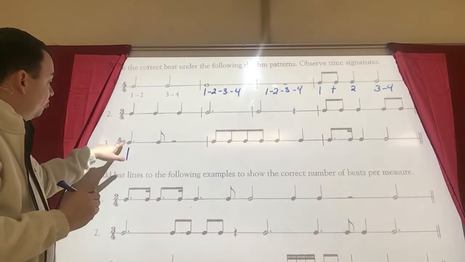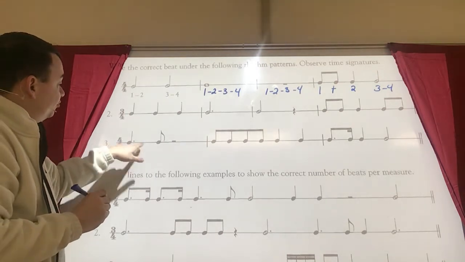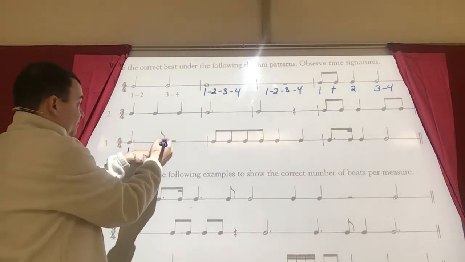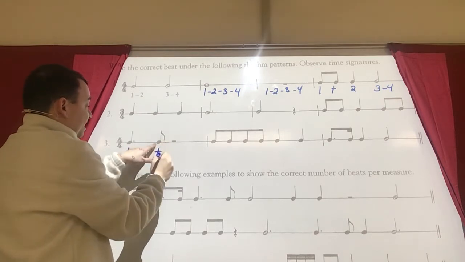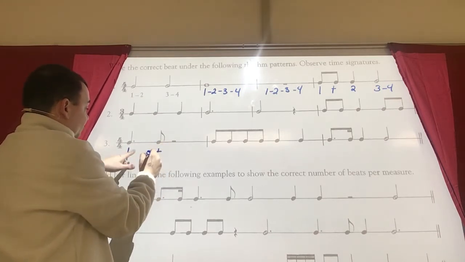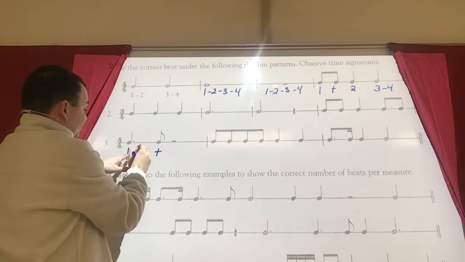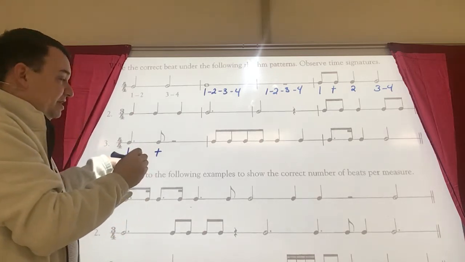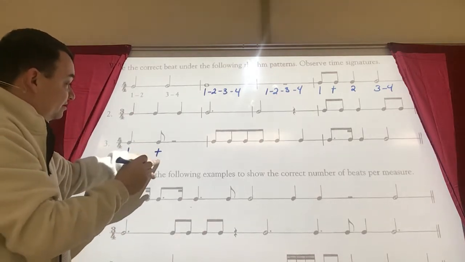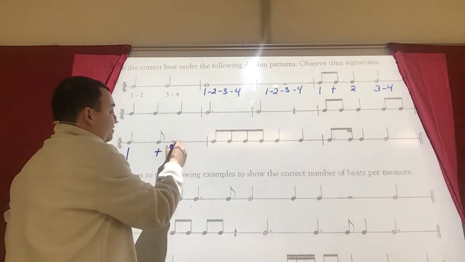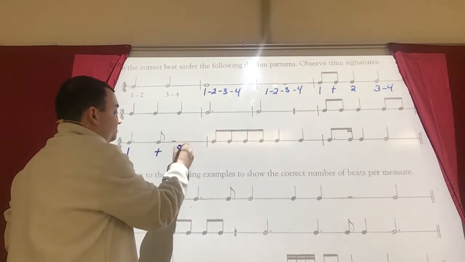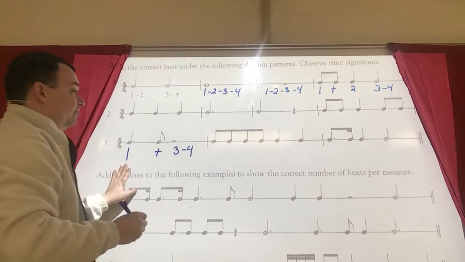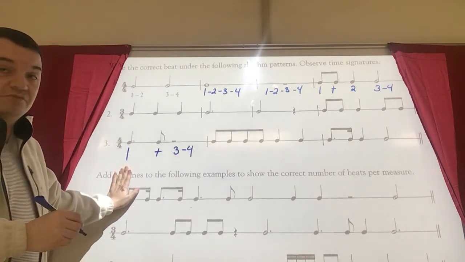This would be 1, 2, and. So this would be an and. This is the and of 2. Okay, so all inside of this is 1 e and a 2 e, and then this is a half rest, so it is beats 3 and 4. I know that is confusing, but one more time.